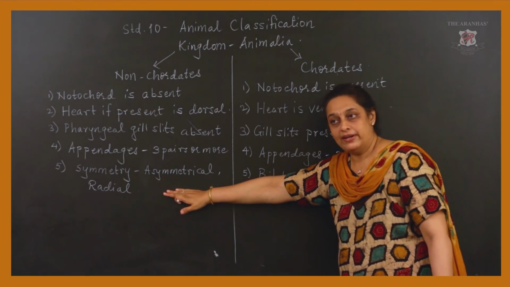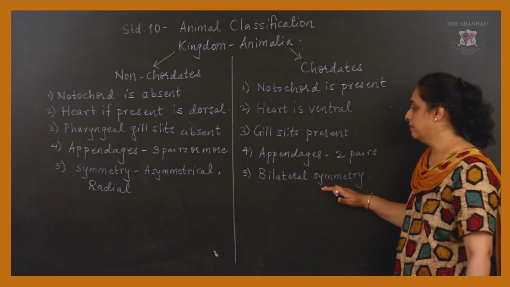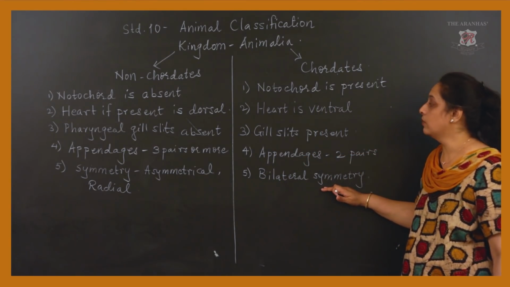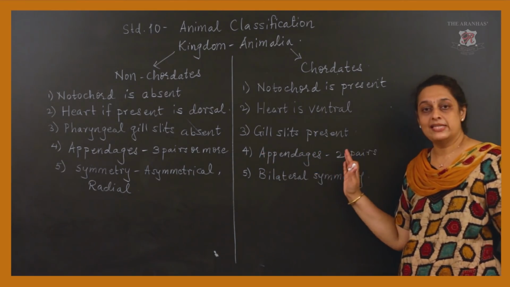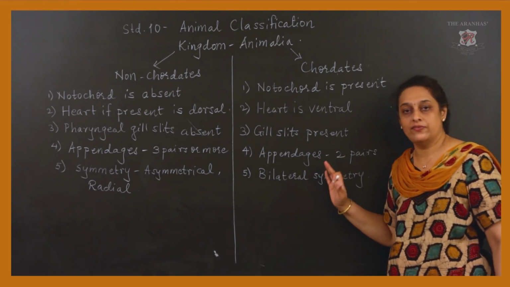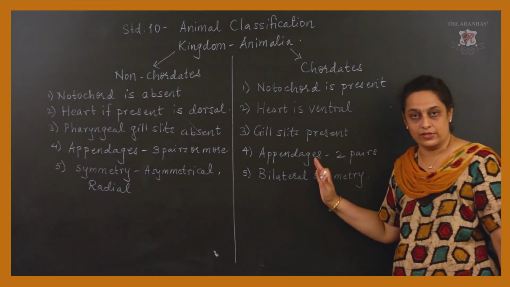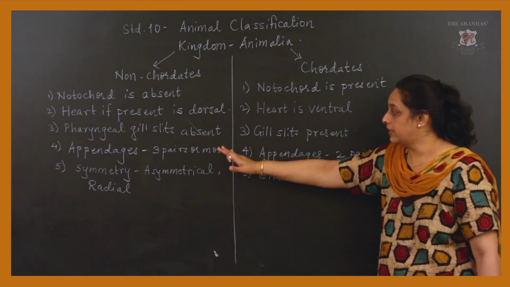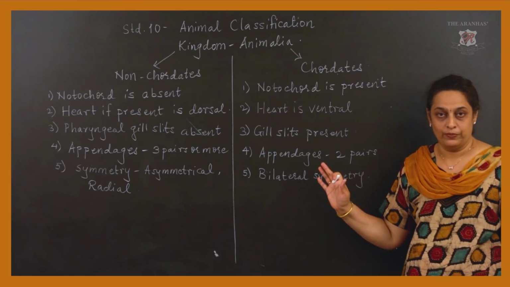Symmetry, asymmetrical animals, or there could be radial symmetry, and bilateral symmetry in chordates. Okay. So, this is how the basic grouping or classification of animals is done in these two groups. Now, this difference is also important for you from your exam point of view.